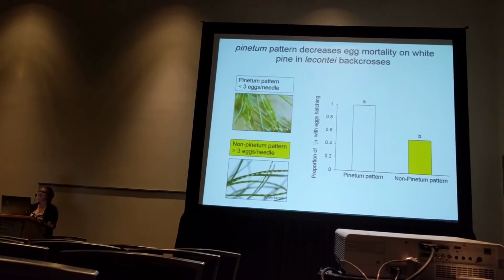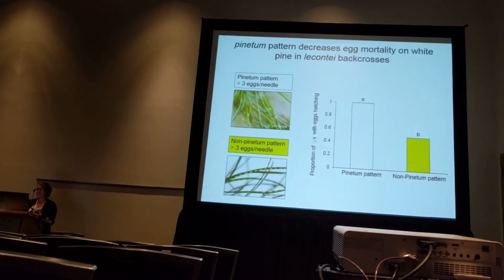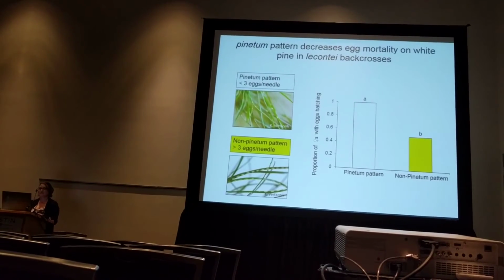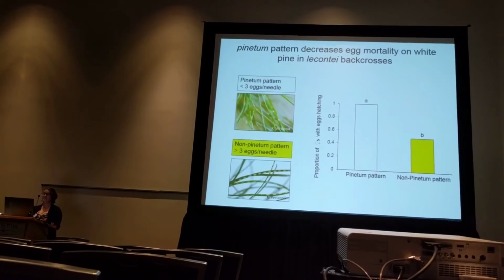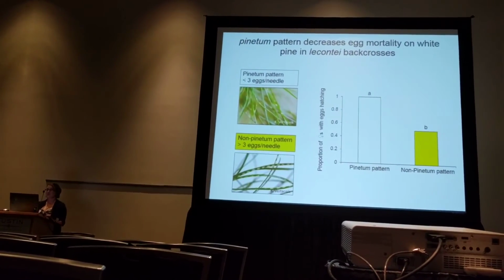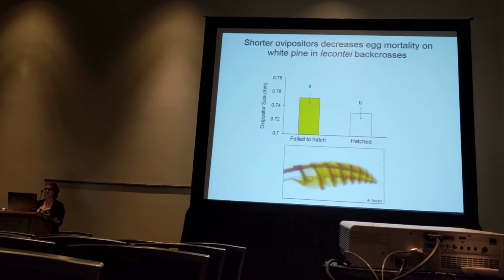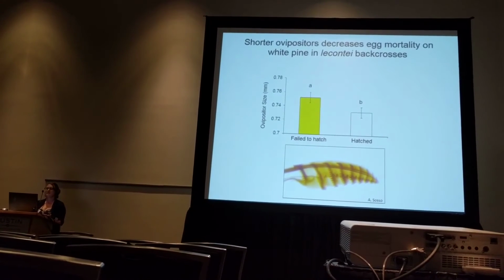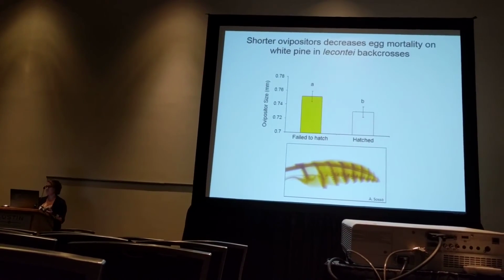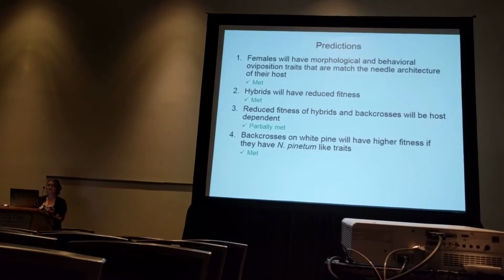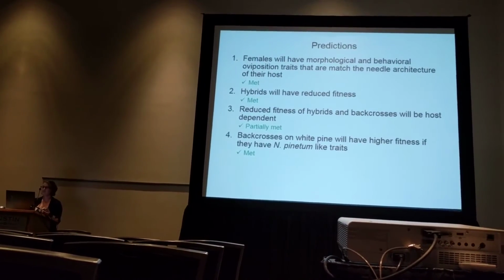And we did find that individual females that had a Pinedum pattern had greater success in hatching than those that did not. And the next trait we looked at was ovipositor morphology, and we found that females that had eggs that hatched had shorter ovipositors. So overall, our fourth prediction was met.